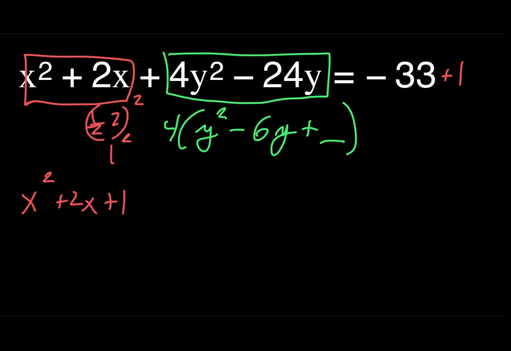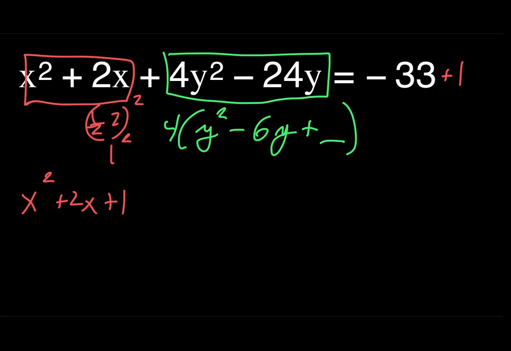Now I can do completing the square. So in an ellipse, coefficients are different. That's a 4, that's a 1. I have to factor the 4 from both of my y terms out in front. Now I can do completing the square. Completing the square, I have to have a first coefficient of 1.